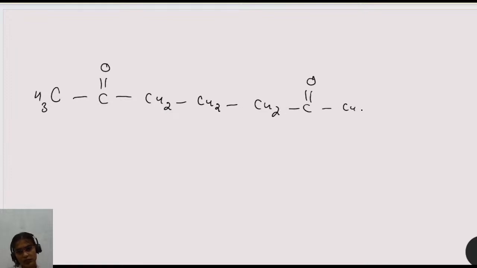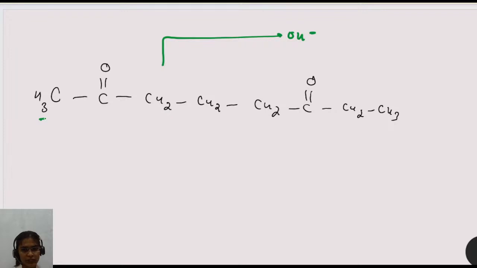Let's suppose this is my CH3, this is a CO, then CH2, CH2, CH2, and CH3. So this is the thing I'm getting. This is a kind of question. Now in the point number one, let's consider every possibility. First of all I'm using base. The base's motto is that I want a proton.